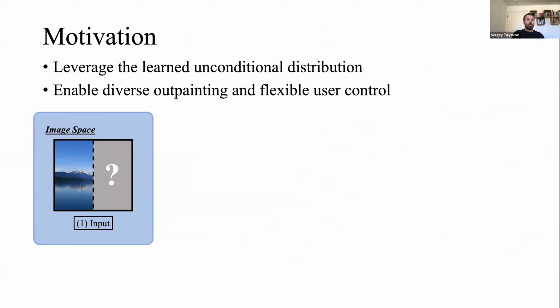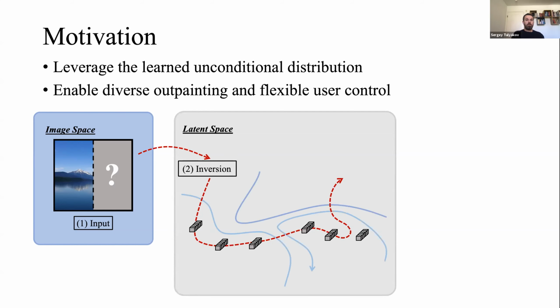We indeed would like to leverage the learned unconditional distribution of patches. And as we saw, the conditional distribution for such a problem might not be desired, and we want to have diverse outpaintings. So how to do it? Imagine we have a coordinate-conditioned generator. We explore this latent space and do GAN inversion, which is basically optimization-based inversion.